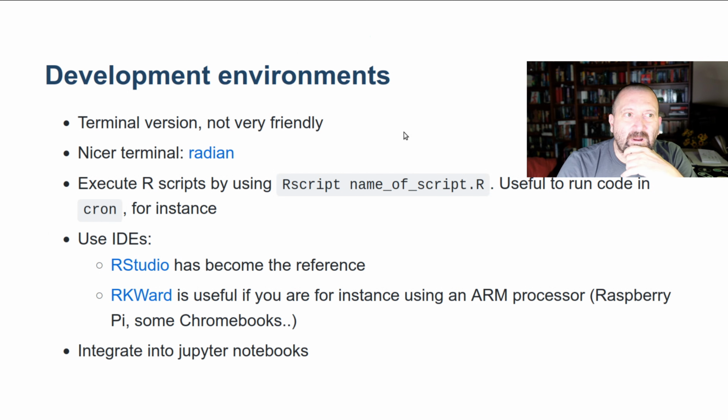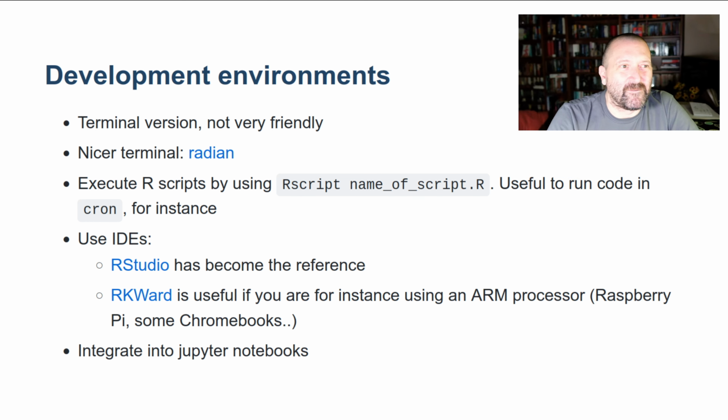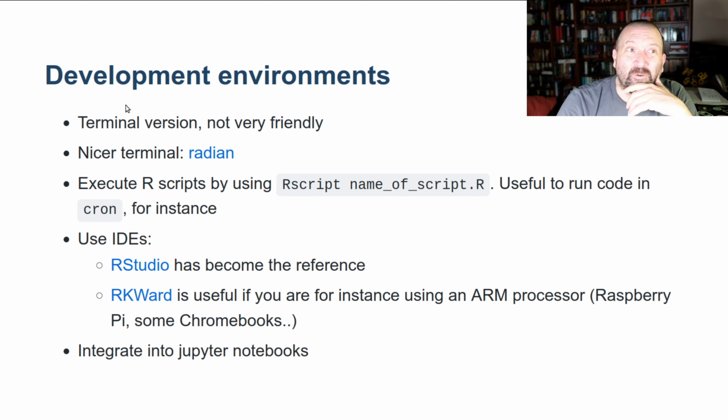Now there's a variety of development environments for R, going from the most unfriendly to friendlier versions. There's a terminal version. When you install R, you have access to a terminal version, but that is not a very friendly environment. There's a slightly nicer terminal that I discovered recently.